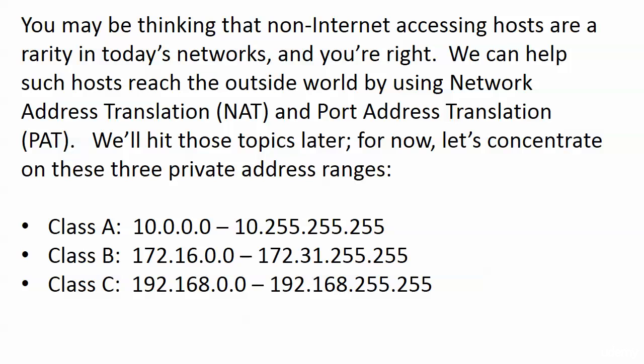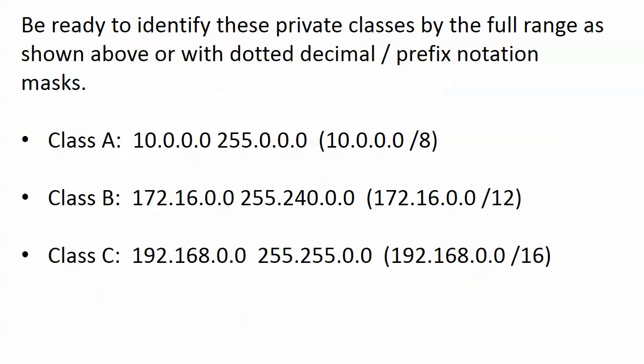In our Class B range, 172.16.0.0 through 172.31.255.255 is an unroutable address. Class C, the range is 192.168.0.0 through 192.168.255.255.